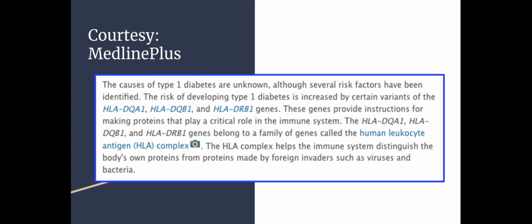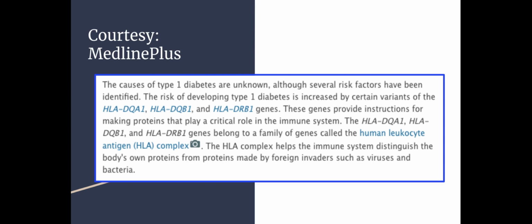So in that last sentence, the HLA complex helps the immune system distinguish the body's own proteins from proteins made by foreign invaders, such as viruses and bacteria. This aligns perfectly with our autoimmune understanding of the development of type 1 diabetes, right?